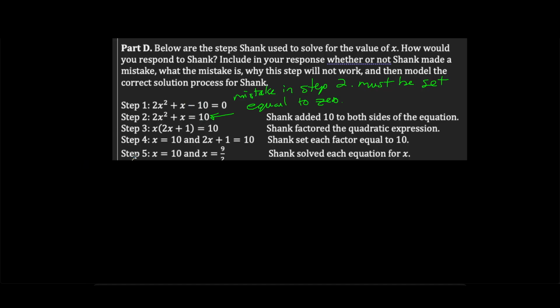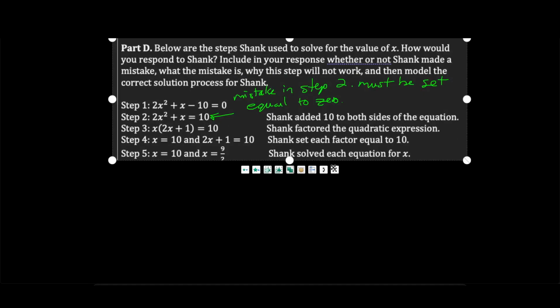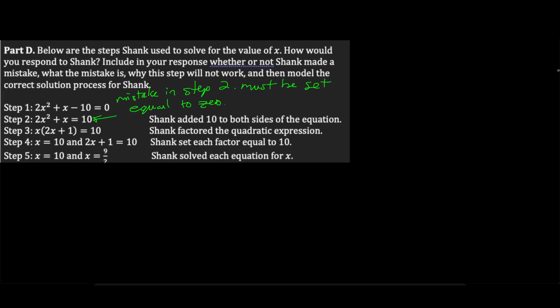And so what we're going to do is this. I'm going to rewrite what we have. So now if my equation is 2x squared plus x minus 10 equals 0, I can type that into my wonderful graphing calculator.